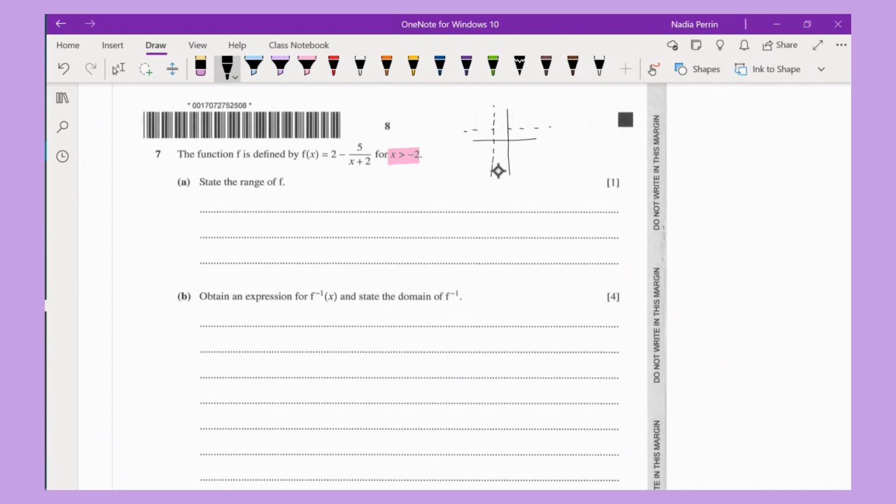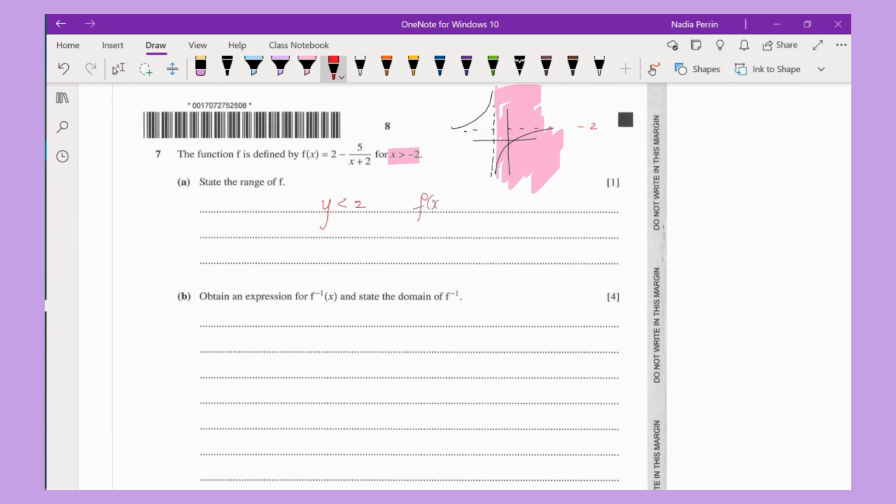Now, it's going to be running along like this. So when it says that x can only be greater than -2, we're clearly just looking at this side. So hopefully you can see from this that this asymptote here is 2, so y can only be less than 2. So that is the range.